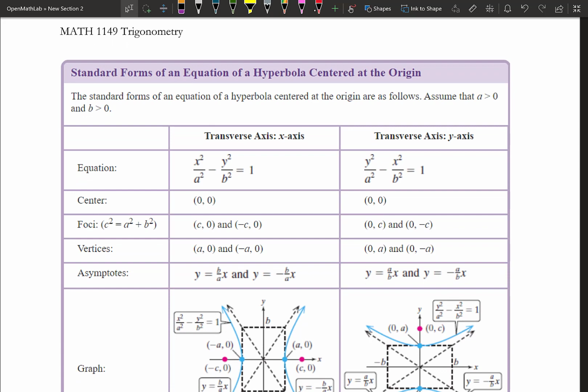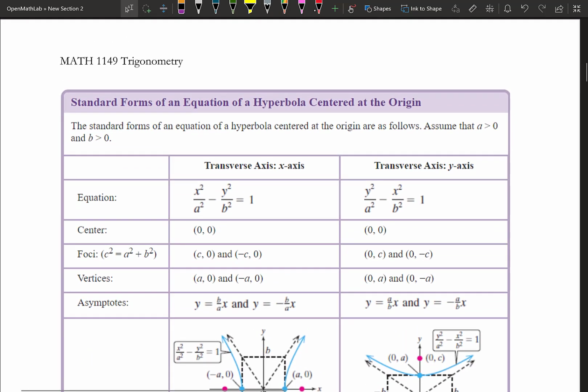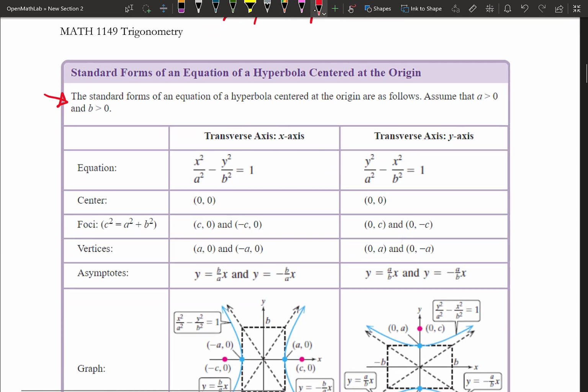But there are some things we want to note in this chart. It says the standard form of the equation of a hyperbola centered at the origin is as follows. Assume that A is greater than 0, B is greater than 0, and C is greater than 0. But if you remember before, A was always greater than B, and that's not necessarily going to be the case here.